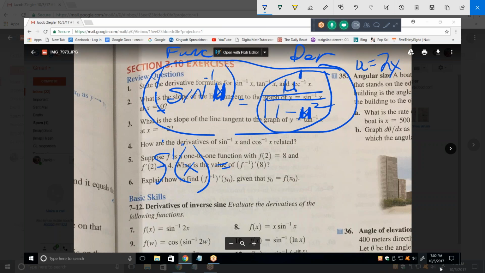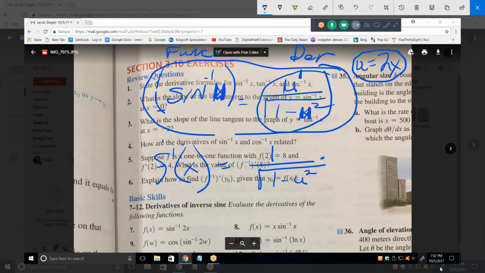The derivative of the inverse sine of u would be 1 over the square root of 1 minus u squared, times u prime. Follow the formula that you're looking at on my screen. Well, what's u prime? What's the derivative of u? Just 2. If u is 2x, then the inside is 2x.